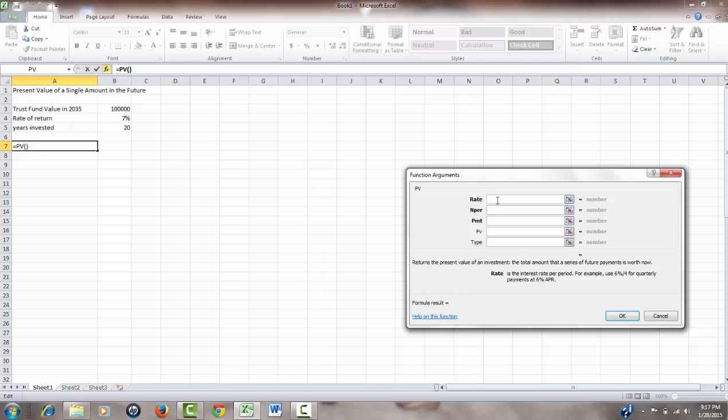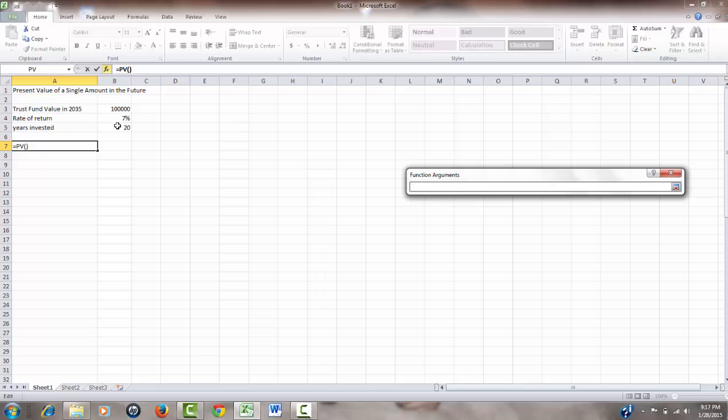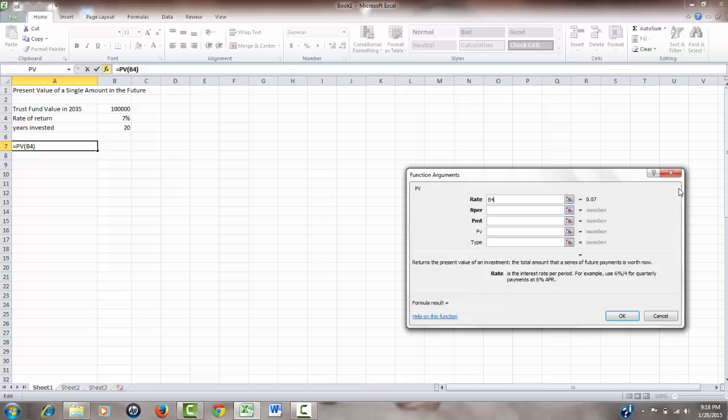Right here, I prefer using my cells, so if you click on this button here, it'll allow you to go over and click on the cell. So for the rate, it was 7%. Now I could have just typed in 7% or 0.07, but this way, if I'm doing some calculations later and want to adjust the numbers, it would automatically adjust my formula as well.